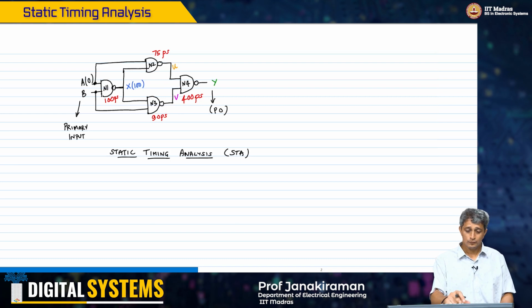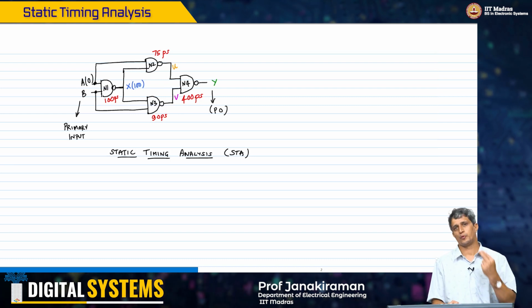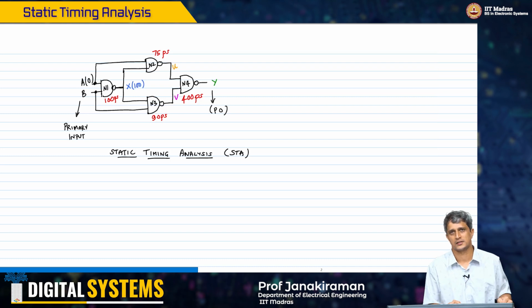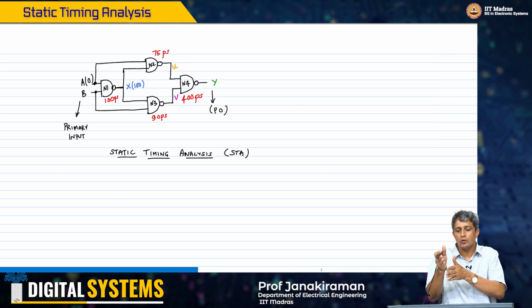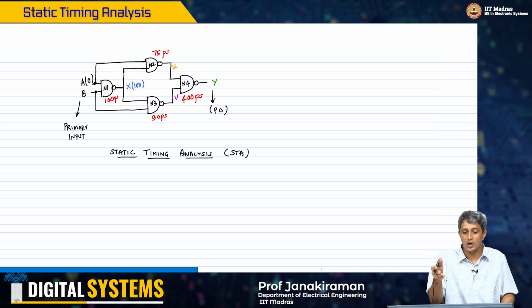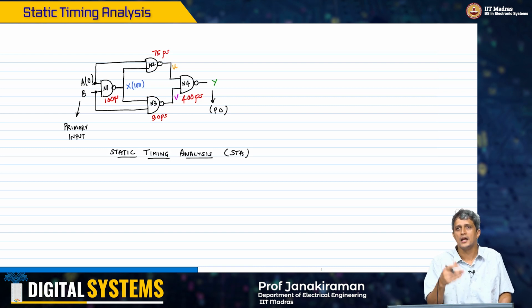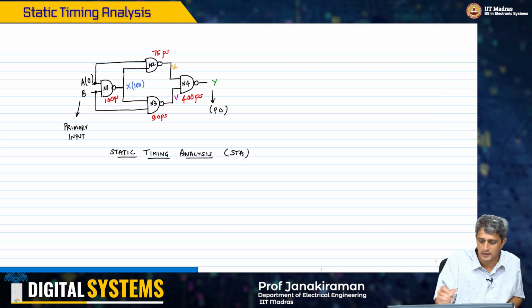Now N2 sees two inputs, A and X. Obviously X is coming later and therefore the output U should react only to X. It may react to A also, but again if I ask what is the arrival time at U, let me write that definition.